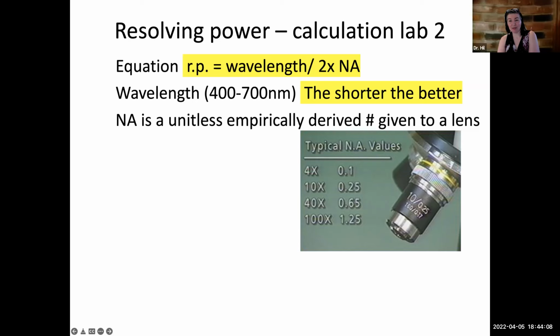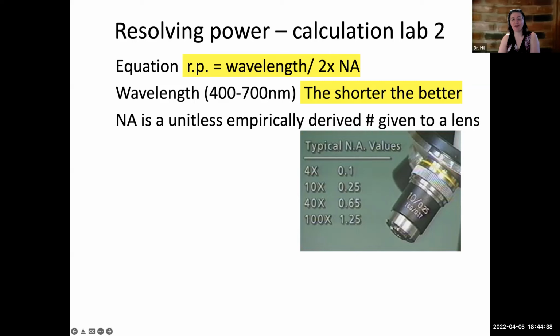Do we want our NA to be large or do we want it to be small? Yeah, that's right. Because NA is on the bottom of the fraction, the bigger this number is, the smaller this one's going to be. So we want our NA to be as big as possible.